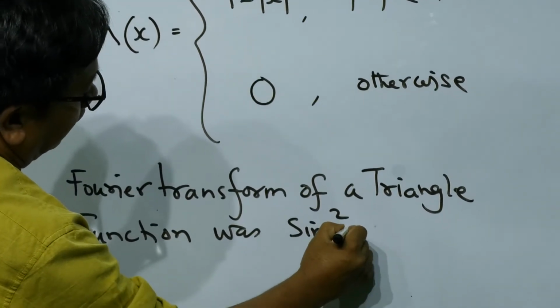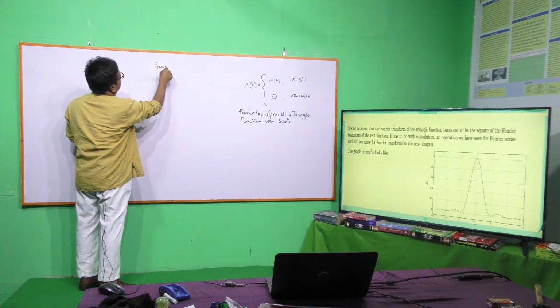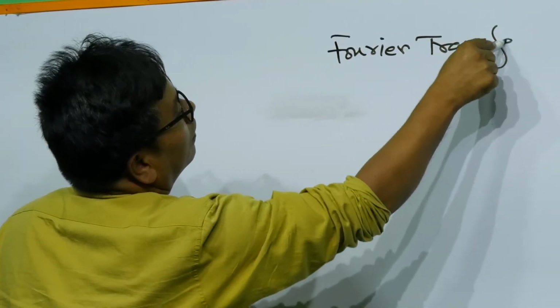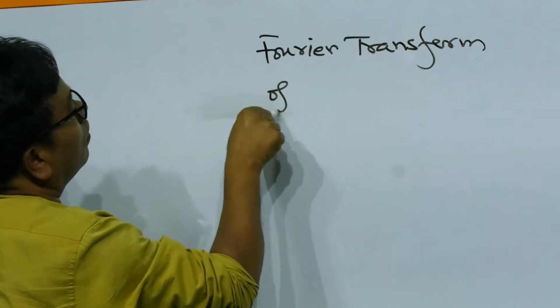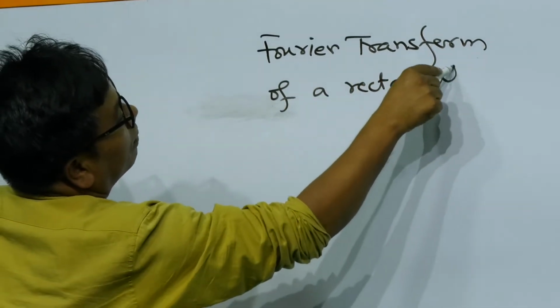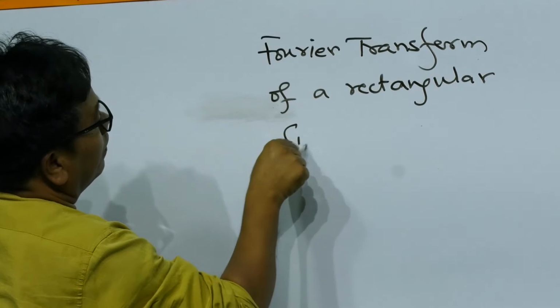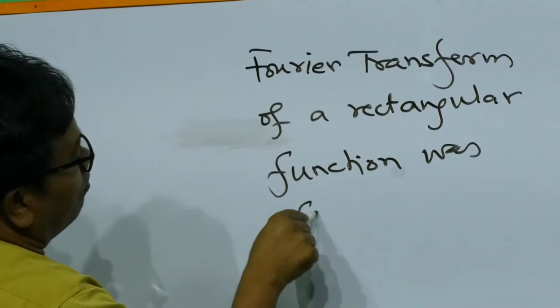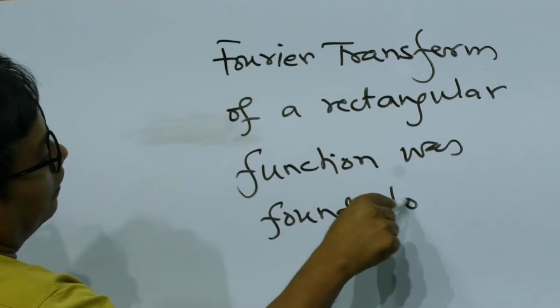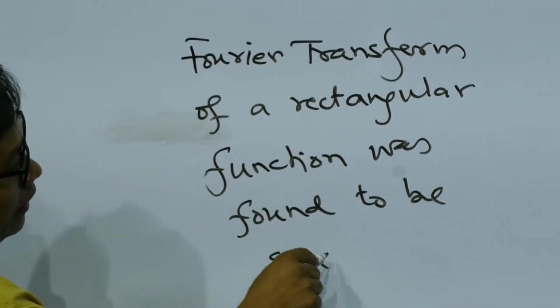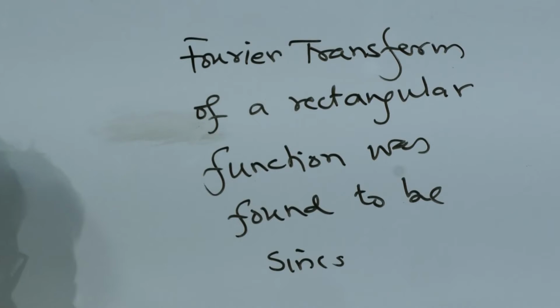Sinc square is, I'm just writing, the Fourier transform of a rect function, rectangular function, was found to be sinc of that function, sinc S.